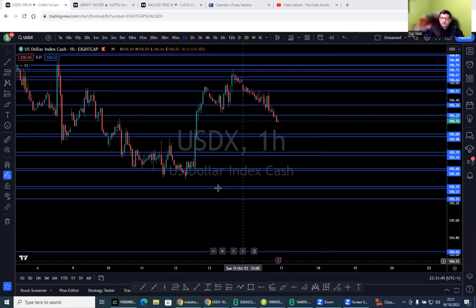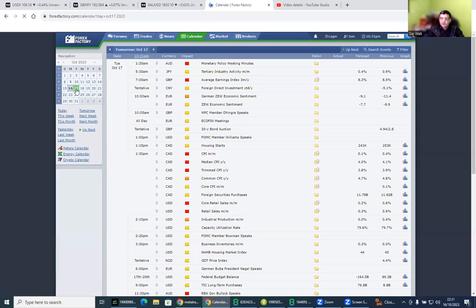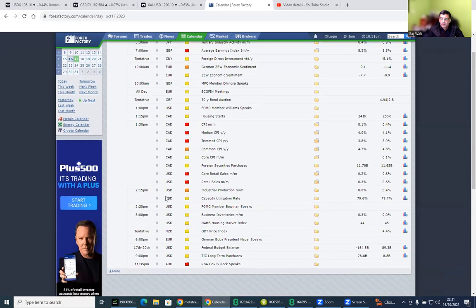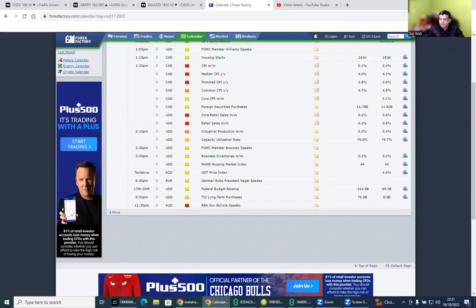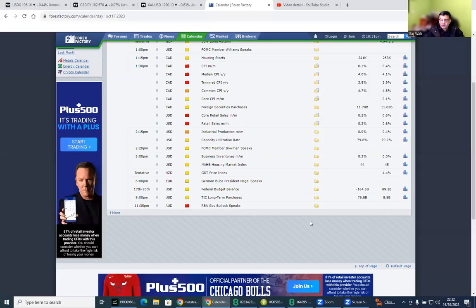Anyway, let's start with our forecast, and let me share my screen with you. See what's happening in the market. Let's start with Forex Factory for the 17th of October. As you can see, we have impact news: CAD, USD at 11:30 p.m., AUD as well.